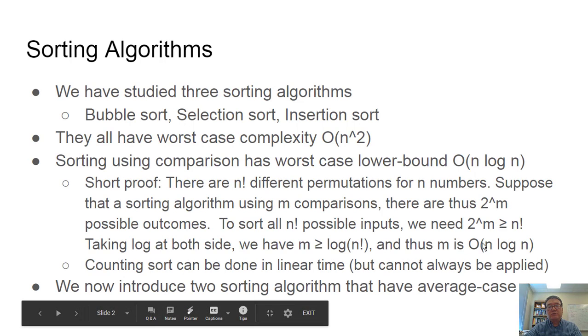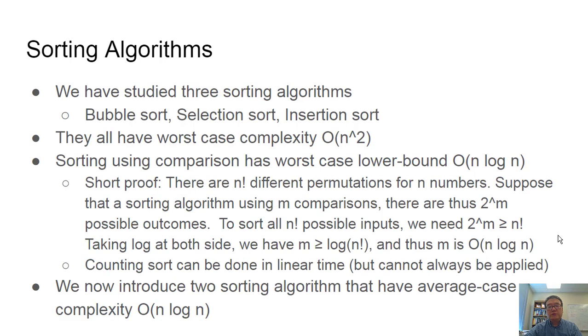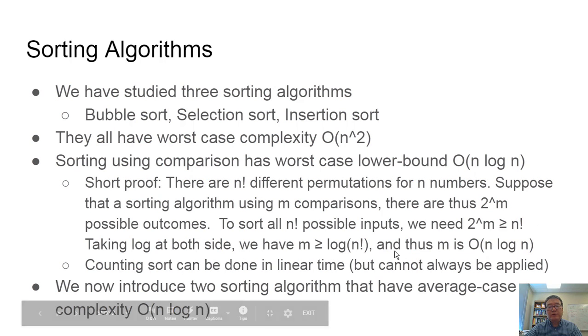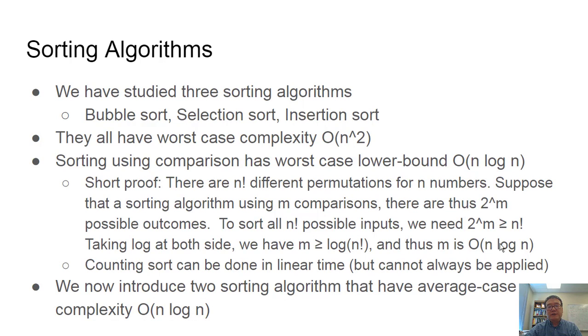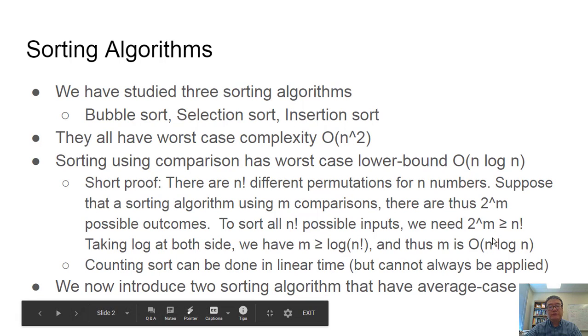And this turns out to be big O n log n. If you know Stirling's formula, you know that log n factorial can be approximated by n log n, or in exponential form, n factorial can be approximated by n to the power of n divided by e to the power of n. But we can also prove this without using that.